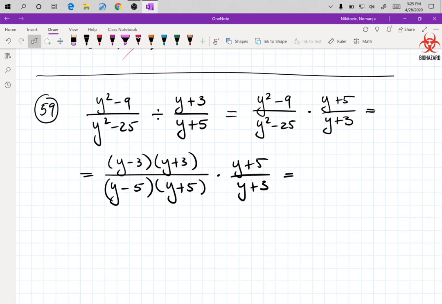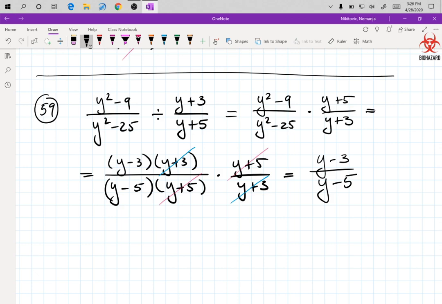From 6.4. 2 difference of squares. We know the formula for that. We'll just quickly factor it. And then cancel what we can. Y plus 5 and y plus 5 is gone. And y plus 3 and y plus 3 is gone. So what's left as the answer is y minus 3 over y minus 5.